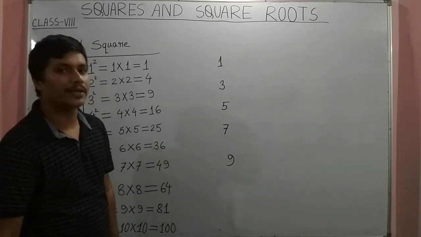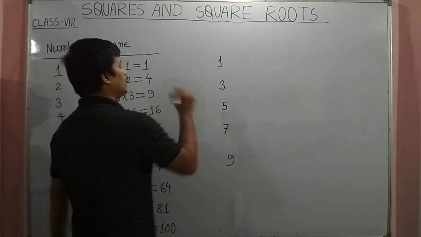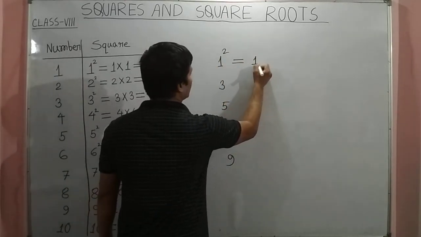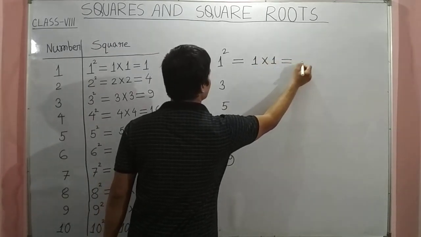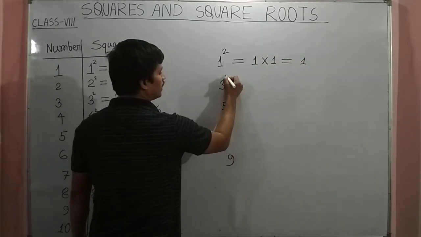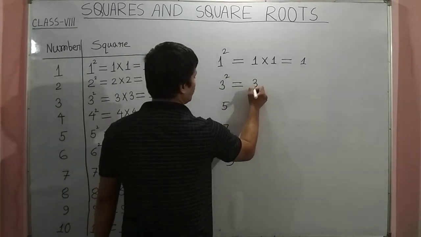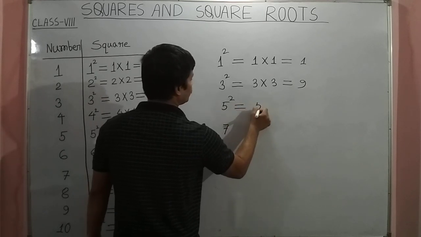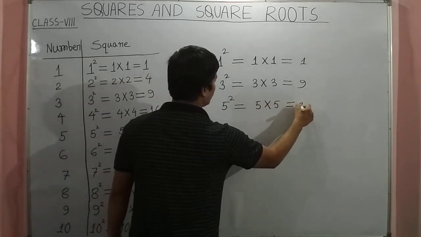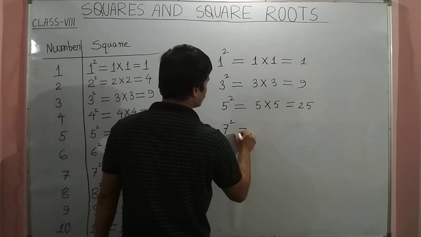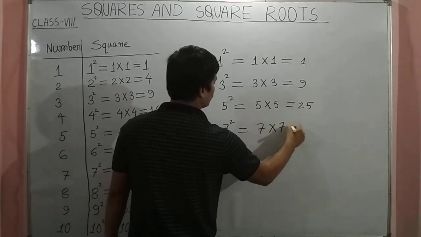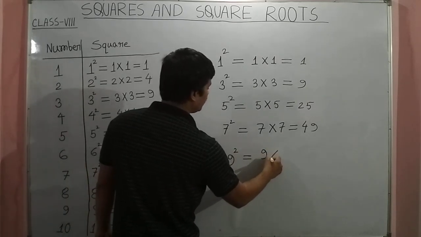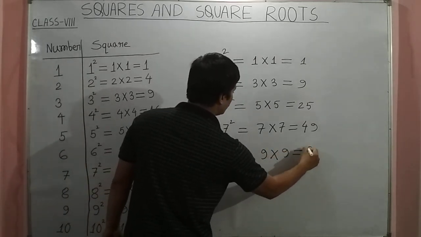Now we will try to find the square of these numbers. 1 square, 1 one is 1. The square of 3 is 3 into 3, this is 9. Square of 5 is 5 into 5, that is 25. 7 square is 7 into 7, 49. 9 square is 9 into 9, 81.